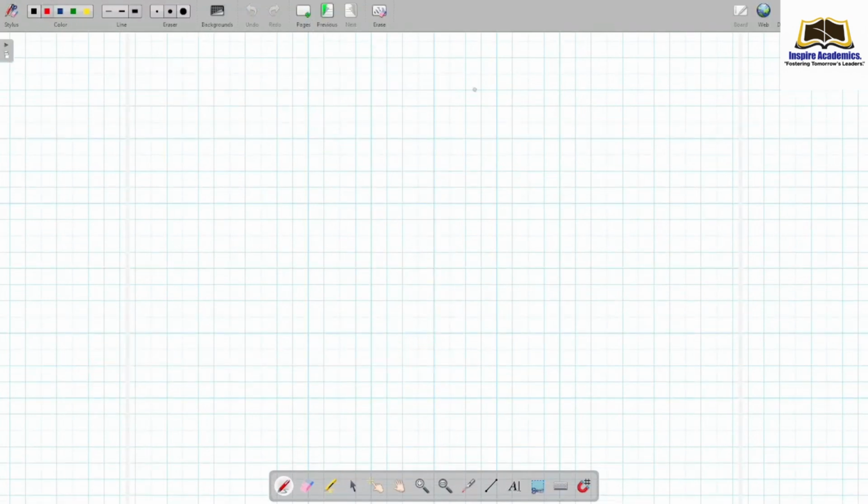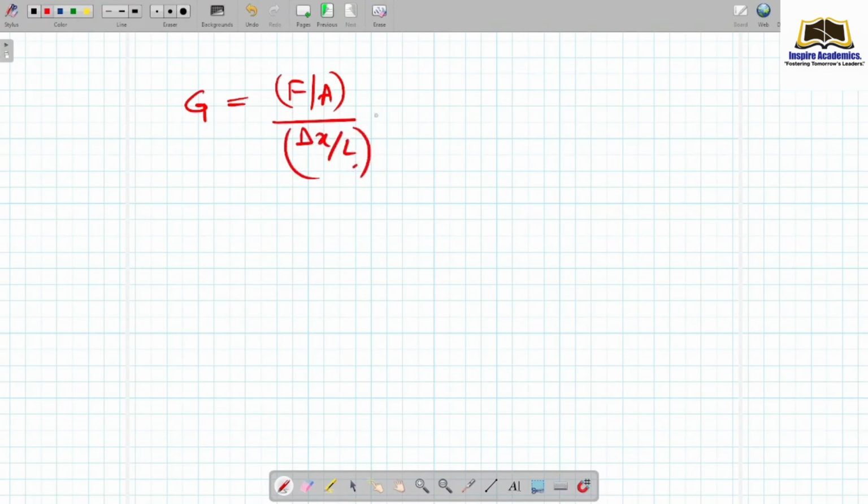So modulus of rigidity is known as G, and we would write it as F upon A divided by delta X upon L. F upon A is shearing stress, and delta X upon L is shearing strain.